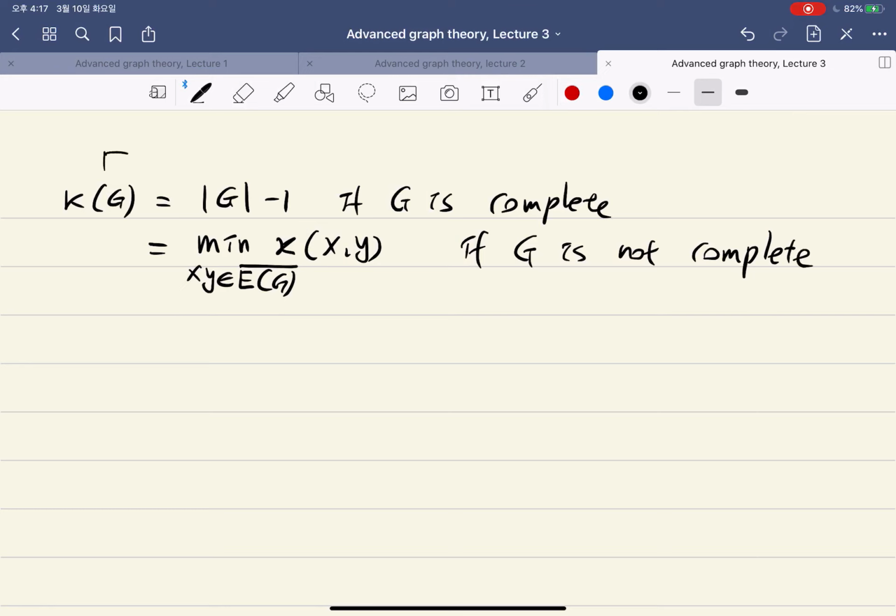And this is called the connectivity of G. A simple version of Menger's theorem asserts that if G is k-connected, meaning that its connectivity is k, then for any two vertices x and y, we can find at least k independent paths.